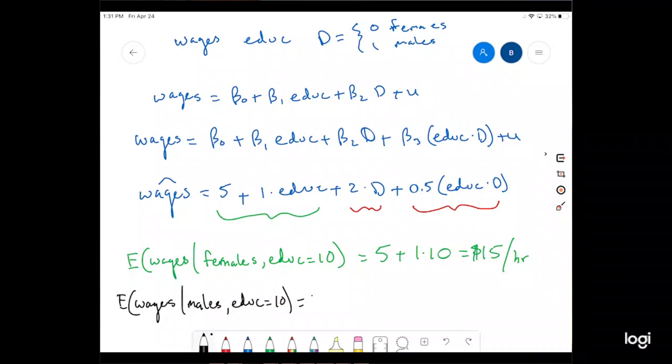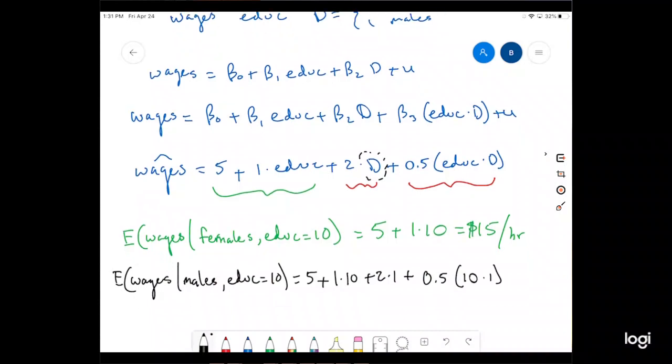So that's going to be 5 plus 1 times 10 plus 2 times 1. So we're substituting the 1 in for D up here, because D is now equal to 1, plus 0.5 times 10 times 1. So what does that give us?